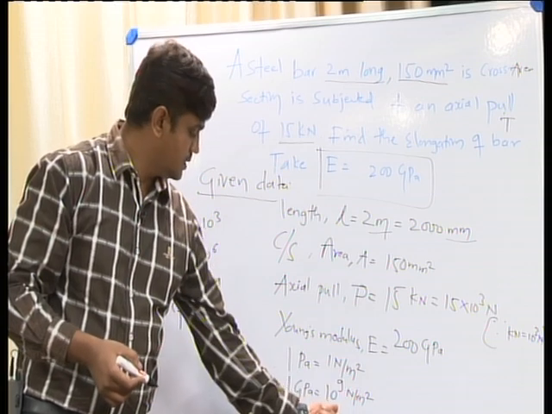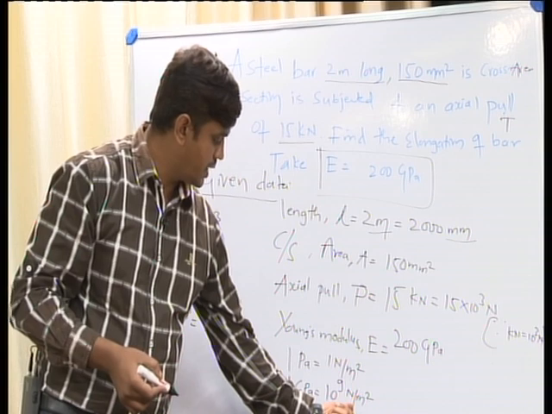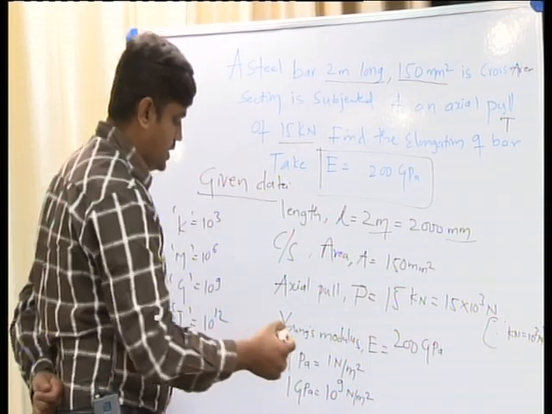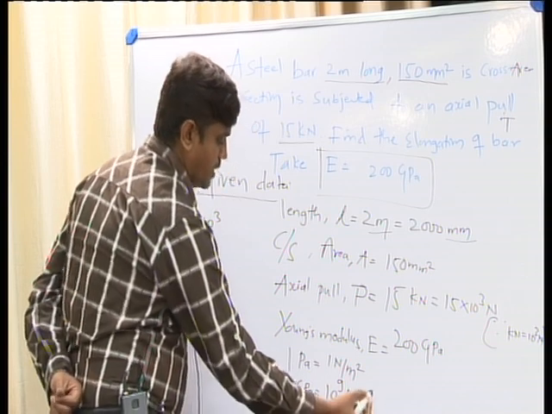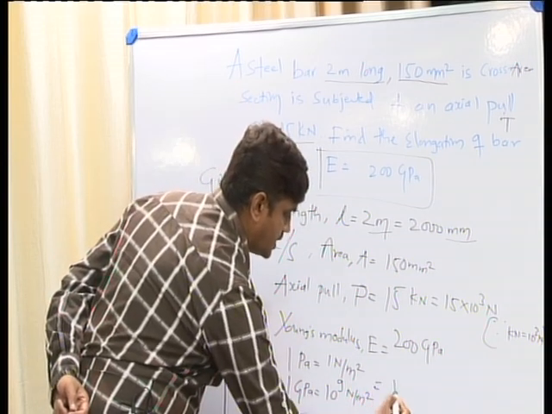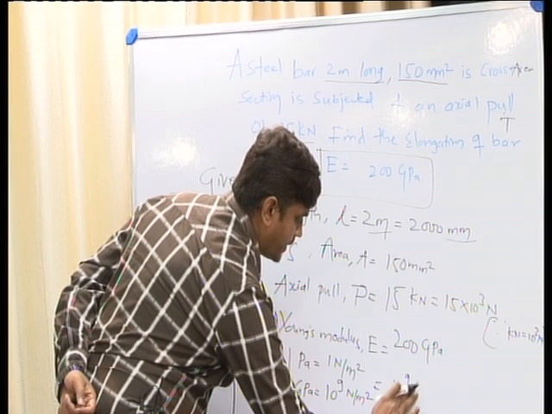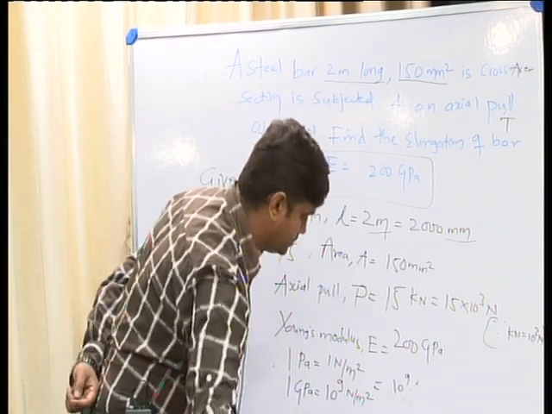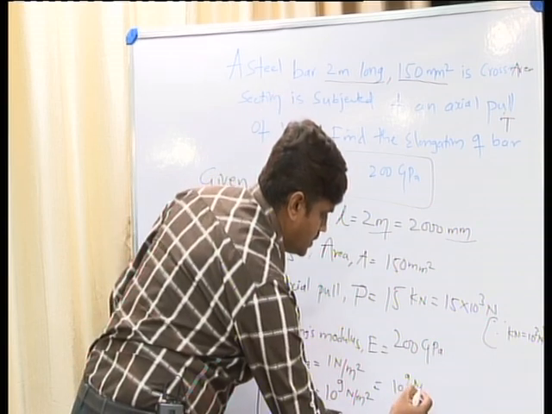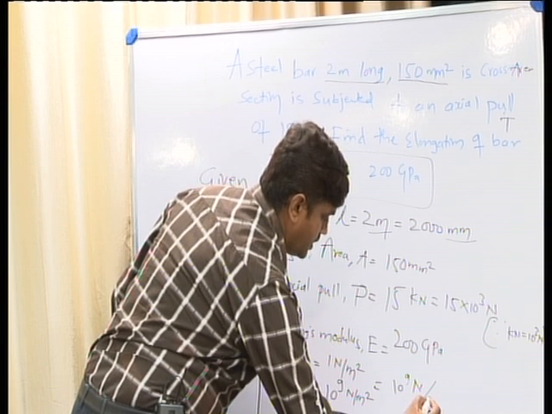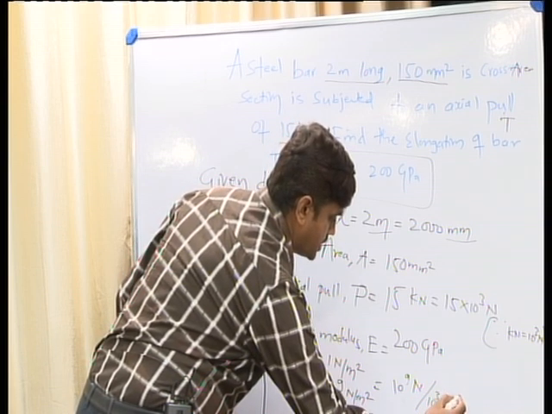We want this particular Young's modulus in the form of Newton per mm square. So let us convert this Newton per meter square into Newton per mm square. Now I will write 10 raised to 9 Newton divided by 10 raised to 3 mm into 10 raised to 3 mm.